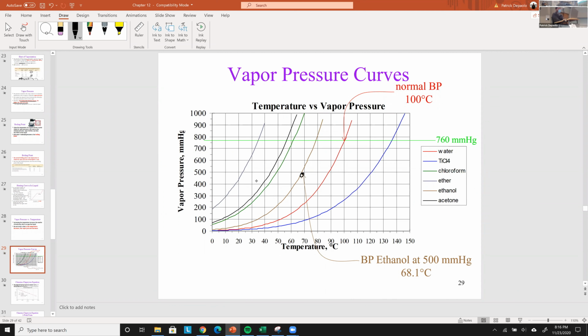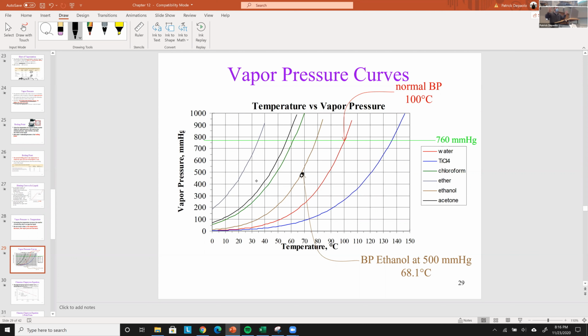Ethanol. Ethanol is right here. So ethanol has a relatively high vapor pressure when compared to water, because it's more nonpolar than water. So it will have higher vapor pressure at room temperature, or at any temperature. So let's say we have the vapor pressure here. If you increase the temperature, you have more vapor, because you're kind of slowly breaking those intermolecular bonds.